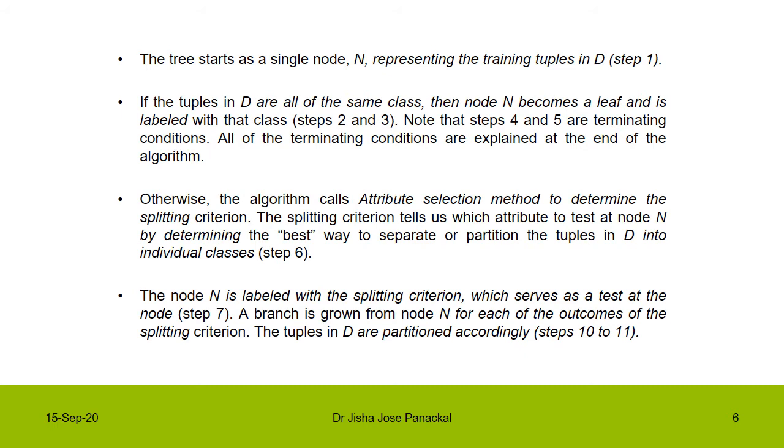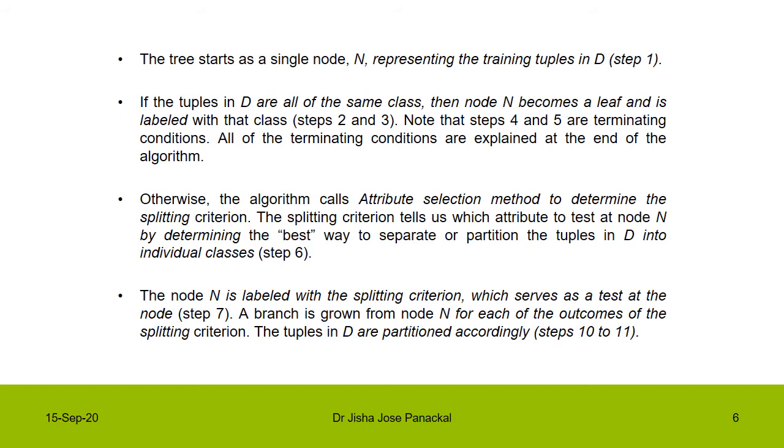So here we are starting with a single node n, and it will represent all the training tuples. That is only one partition. Then we will see whether it belongs to the same class. Then there is no need of splitting it, and we have different terminating conditions, and the algorithm will call the attribute selection method for determining the splitting criterion.